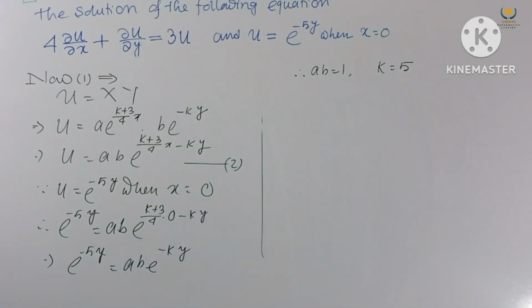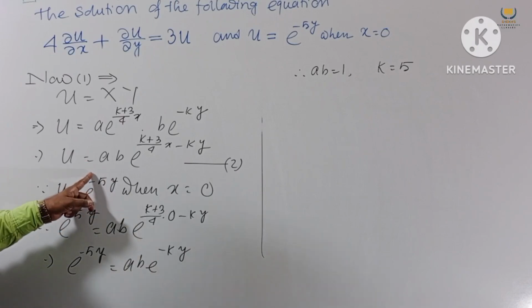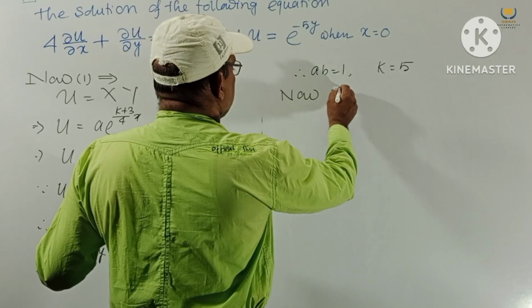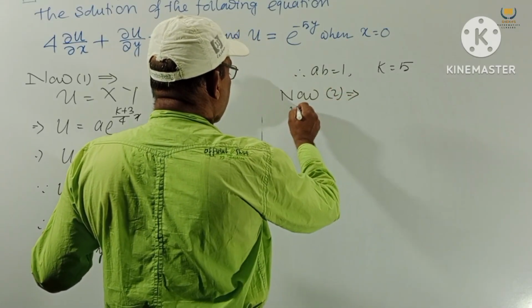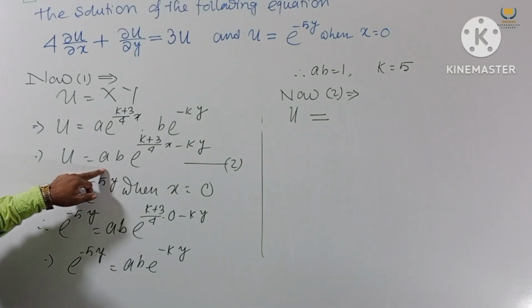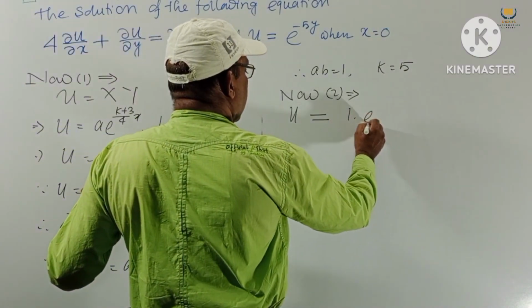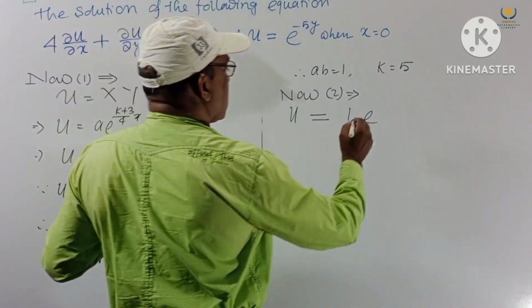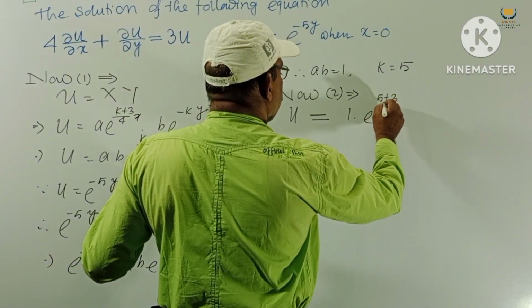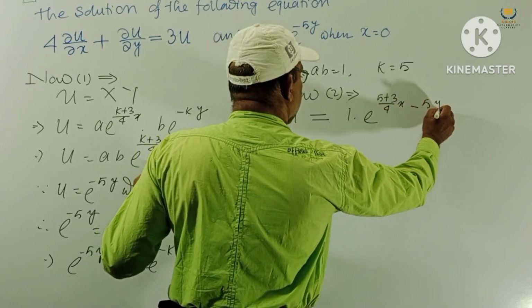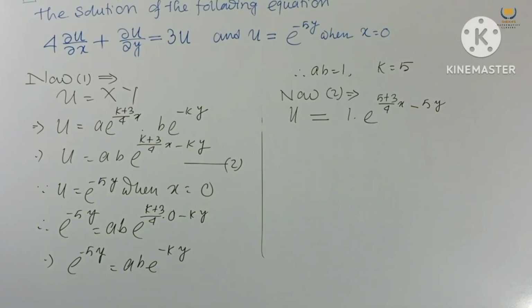Now putting the values of a, b and k in equation number 2: u = ab, and ab means 1, e to the power (k+3)/4 x - ky, where k = 5.